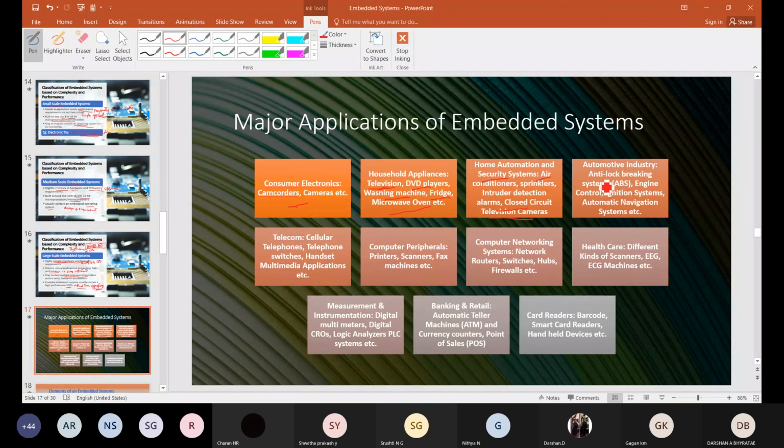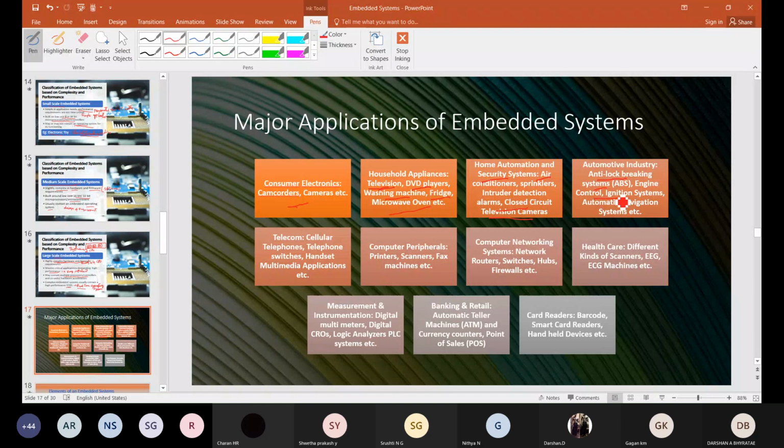Again, at the industrial level, the anti-lock braking system, whatever you see nowadays in two-wheelers, the brakes you apply in your two-wheelers, we call anti-lock braking system. Engine control, ignition system: the automated ignition system implemented in your two-wheeler, where by pressing the ignition your two-wheeler automatically starts without kicking your bike.